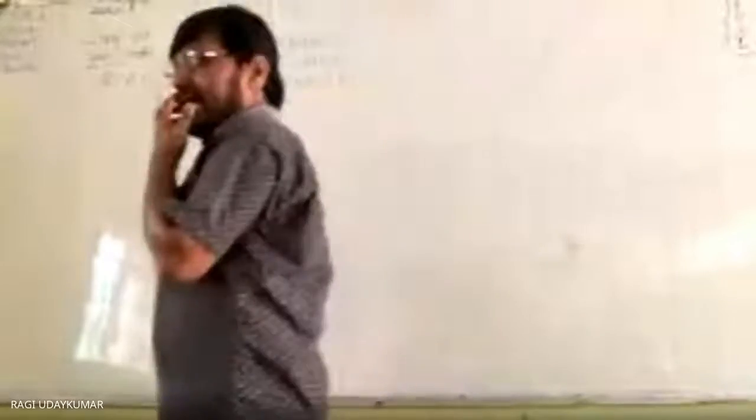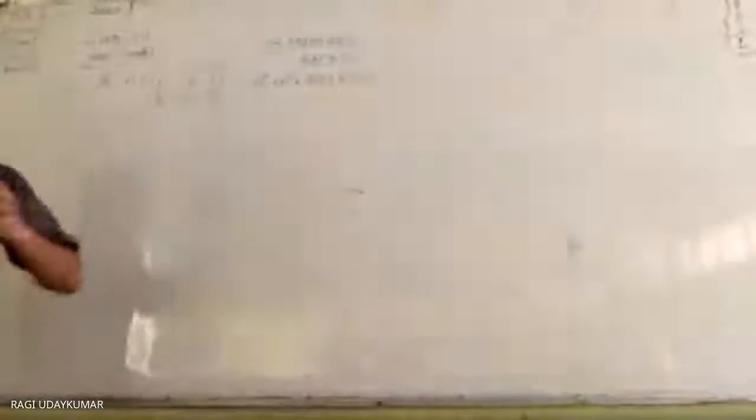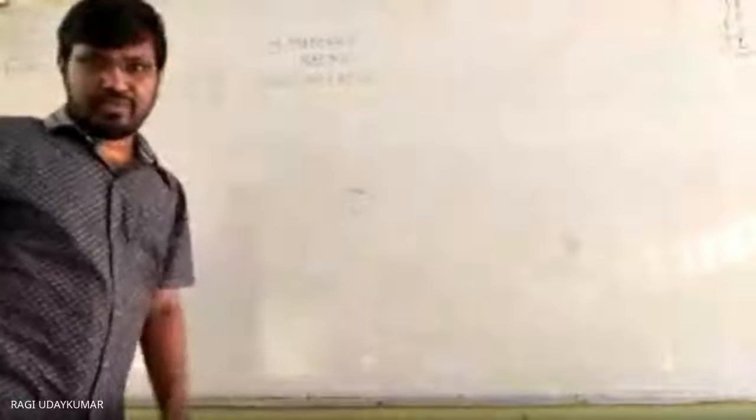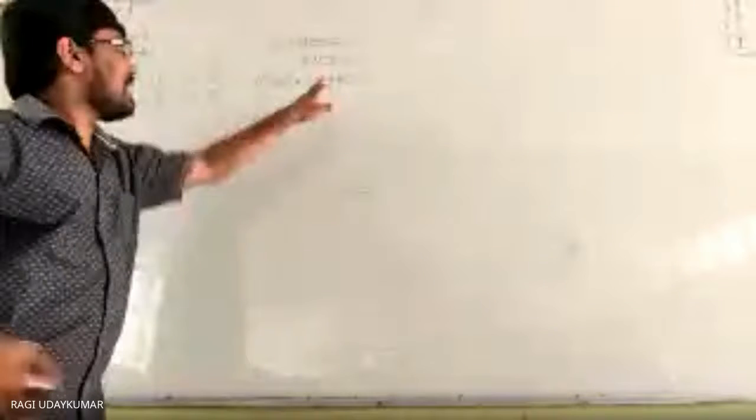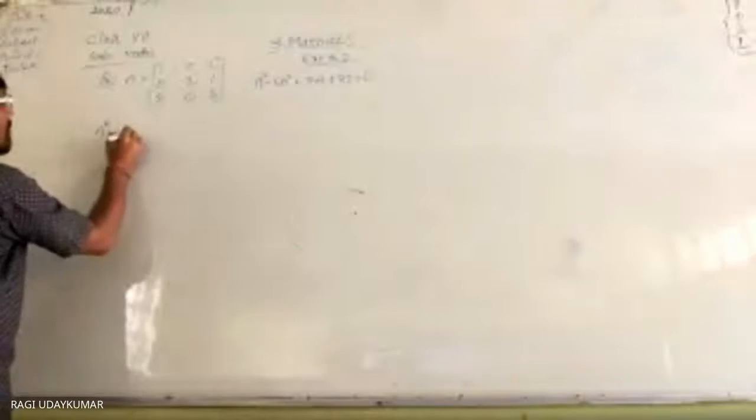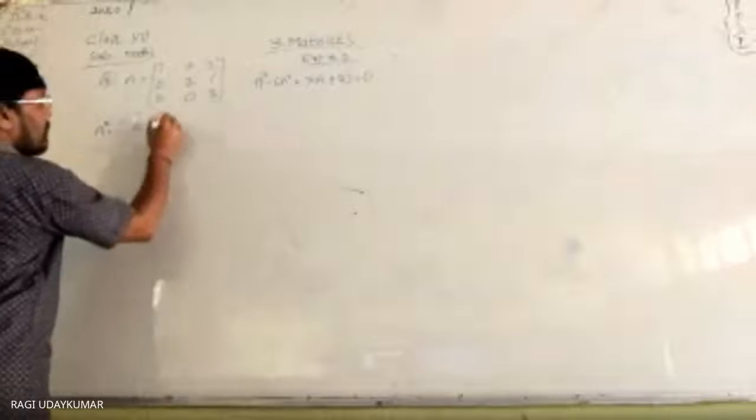The problem is lengthy. A cubed you cannot find directly. What to do first? Find A squared. We don't have the square, so A squared is nothing but A into A.